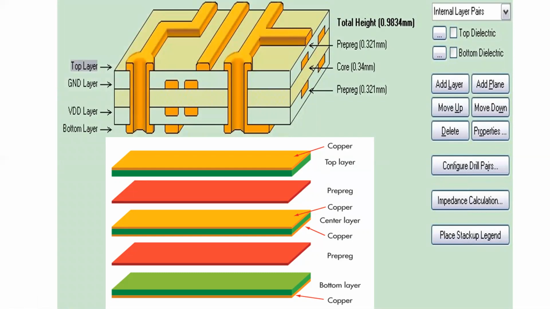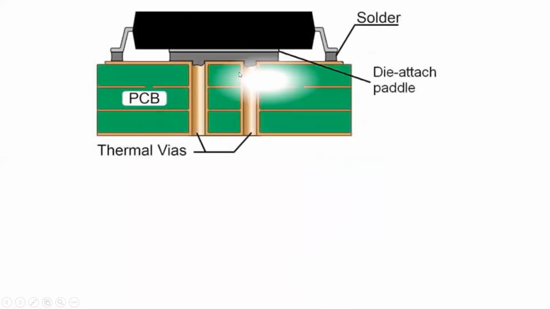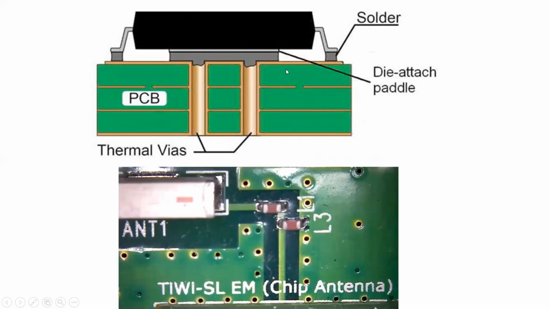Now you can see the top layer, ground layer, VDD layer, bottom layer. Now see this hole, that is the thermal via to escape the heat from that.